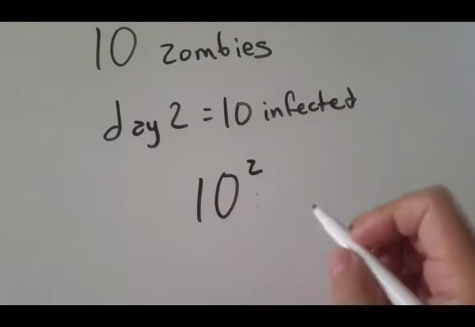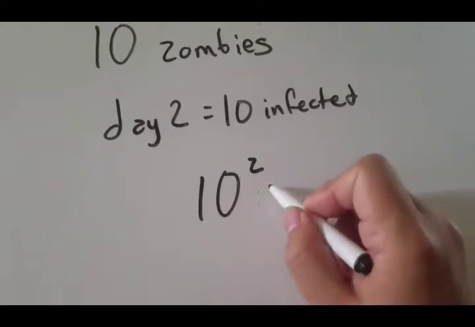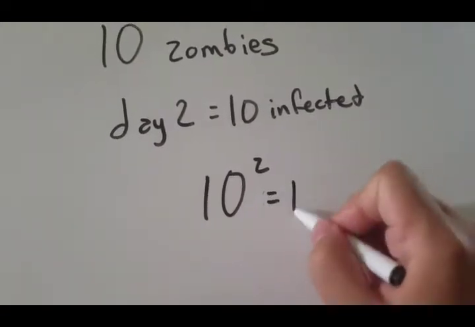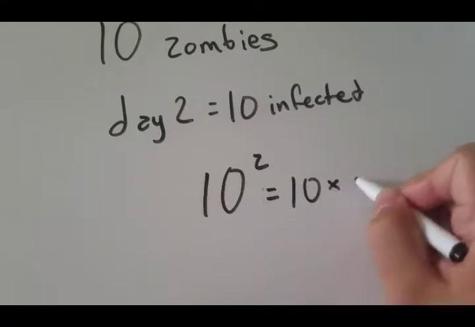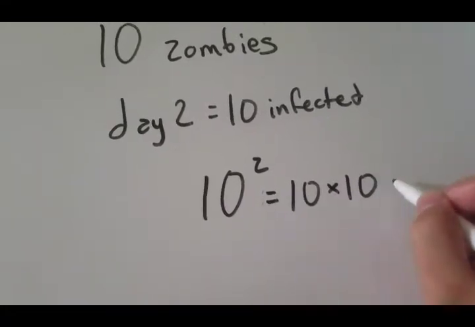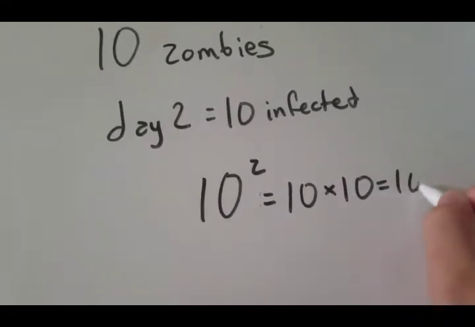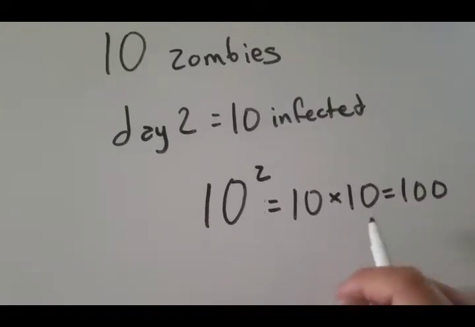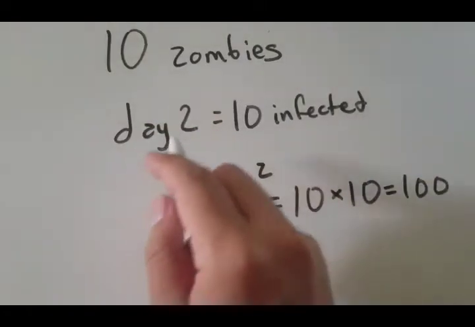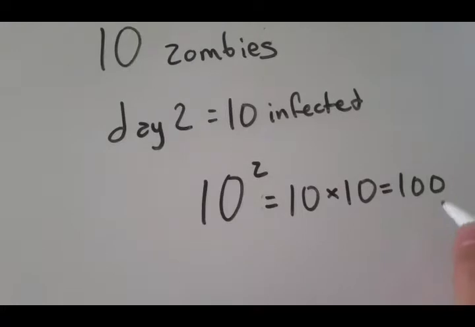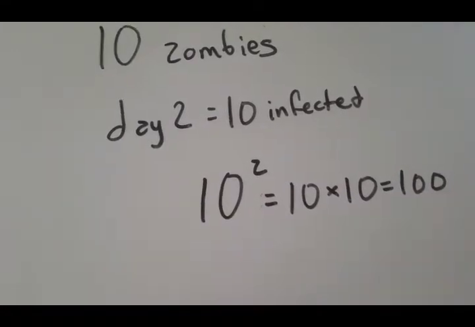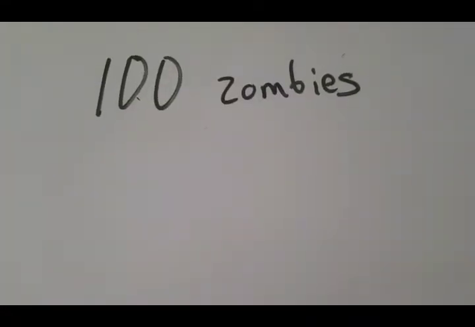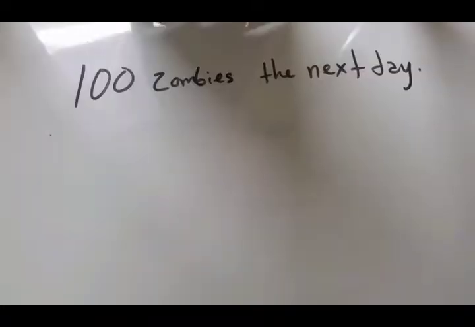So what 10 to the second power means is that 10 is multiplied by itself 2 times. So 10 times 10 equals 100. That means by day 2, 10 zombies have infected 100 people. So by the next day, we get 100 zombies.